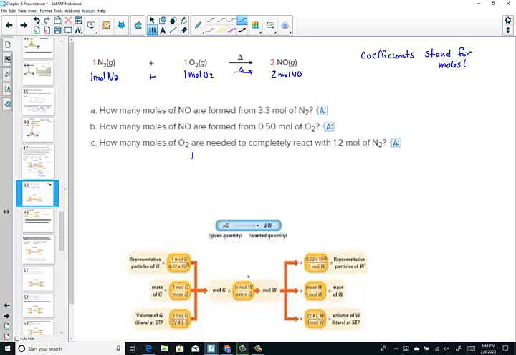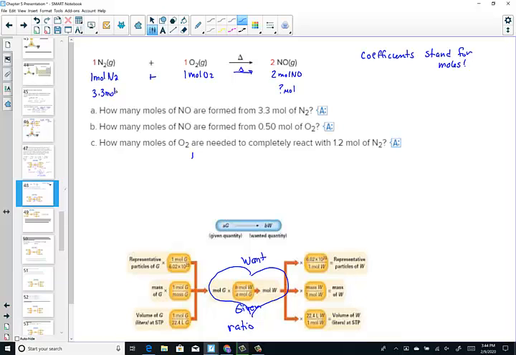Given a mole, calculate a mole. And in order to do that, we're right smack in the heart of our stoichiometry roadmap. We ratio. We use our coefficients of want over given. Given a mole, calculate a mole. These are mole-mole problems. How many moles of NO are formed if 3.3 moles of N2 were to react?